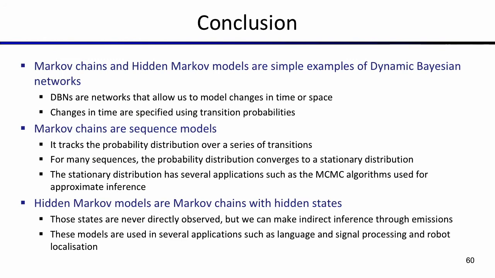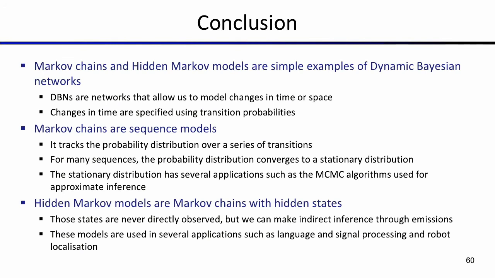For many sequences, the probability distribution converges to a stationary distribution, which has several applications, such as the algorithms that I'm going to discuss for approximate inference using sampling. We also saw one example, the PageRank algorithm, that can be understood as a Markov chain.